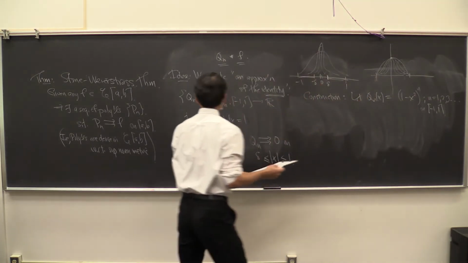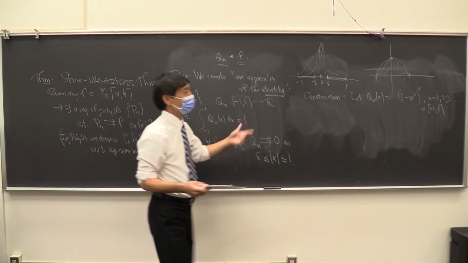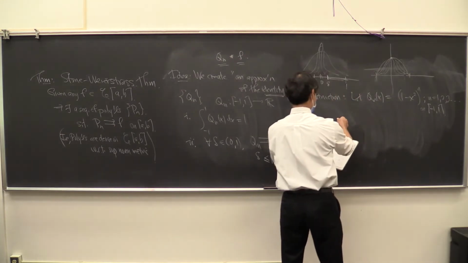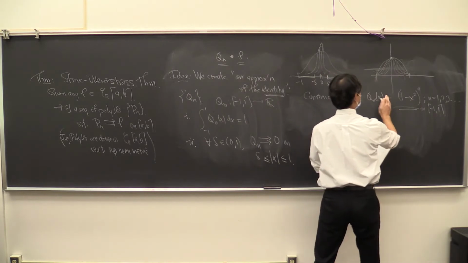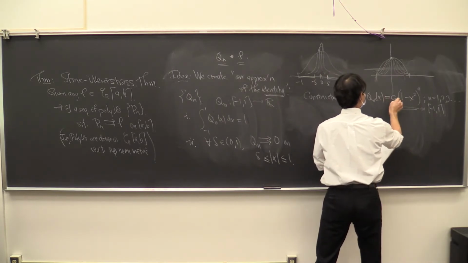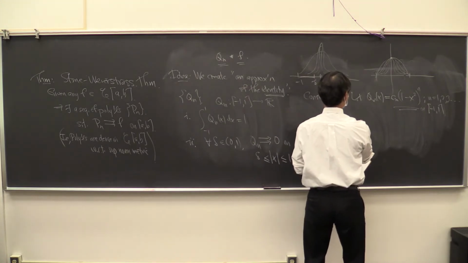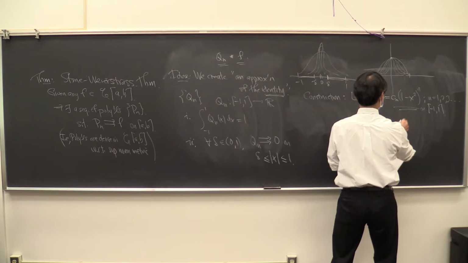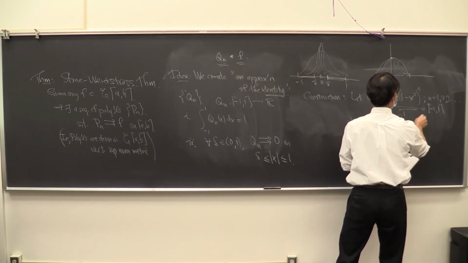Now we do want to make the integral 1, so we need to fix it up a little bit. So this is not actually the right answer. We're going to say that Qn is equal to some constant times that, where Cn is chosen as the reciprocal of the integral of (1 minus x squared) to the n.